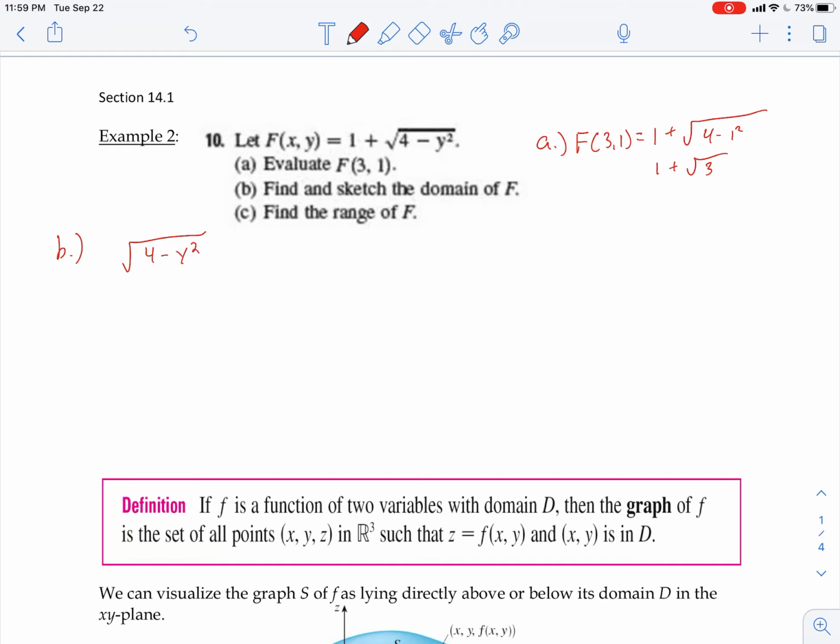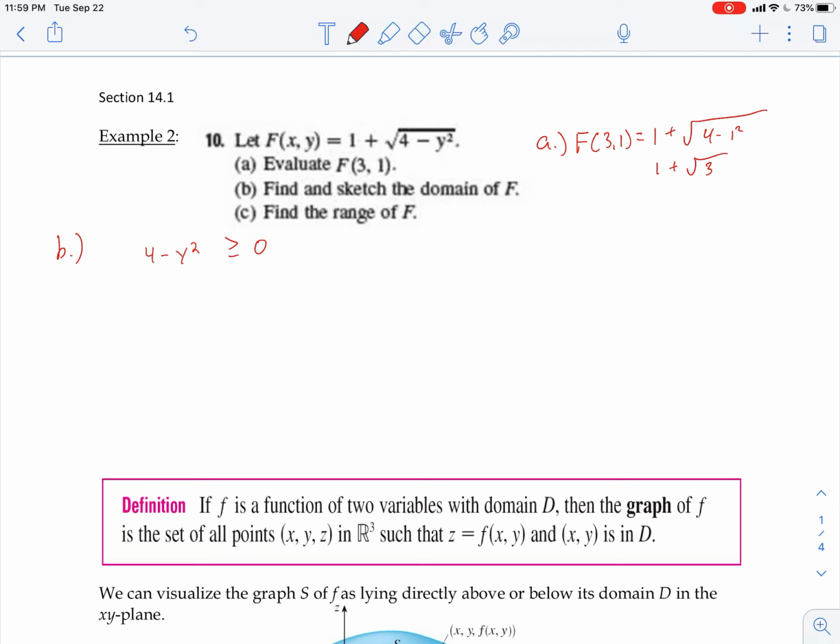So what I'm going to say is I'm going to set my 4 minus y squared greater than or equal to 0 because that has to be greater than 0. And now, well, not just the 4. I know that has to be, but what's underneath the radical cannot be negative. I mean, it can equal 0, but cannot be negative.